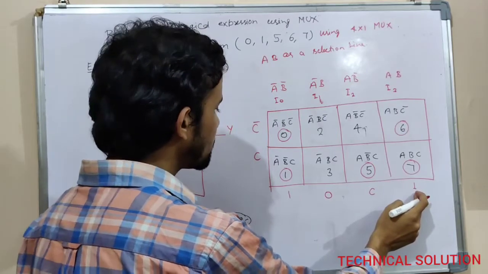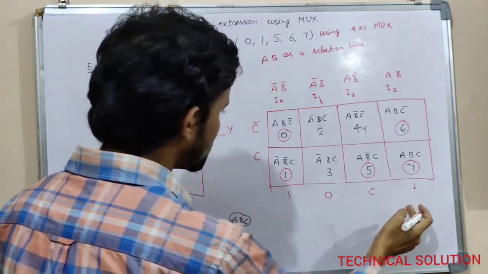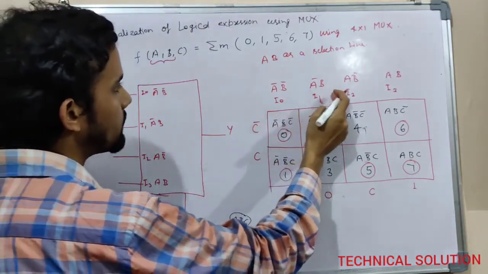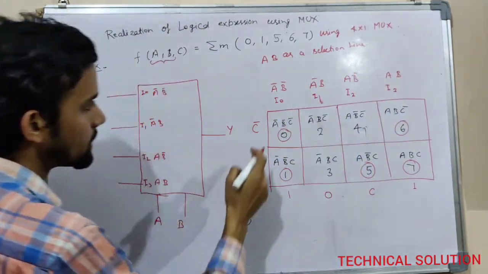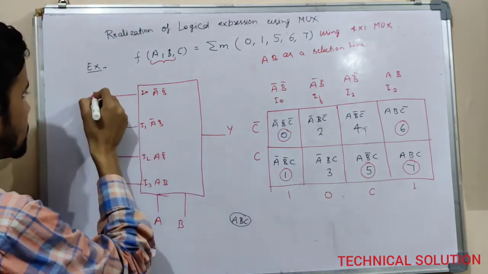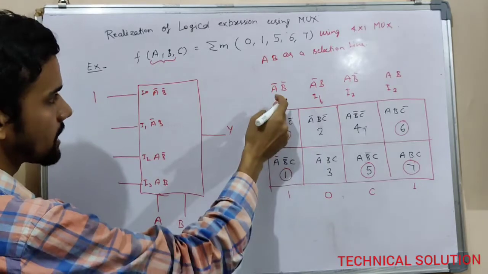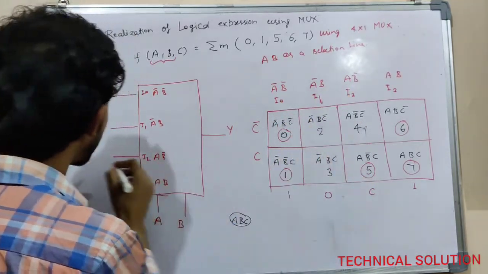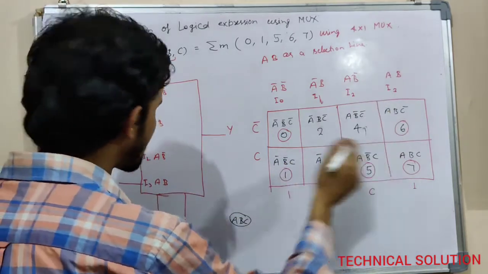Okay, then these all are the inputs which correspond to I0, I1, I2, I3. This I0 corresponds to 1, this I1 corresponds to 0, this I2 corresponds to C, and this I3 corresponds to 1.